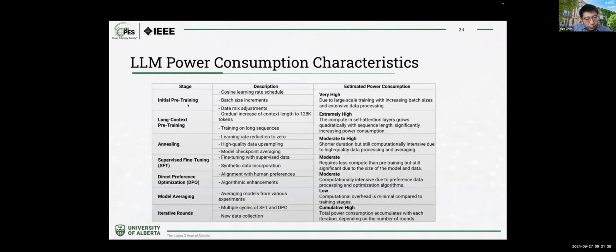Right. And here we give a quick table for the different stages of LLM training and model serving. Essentially, each stage has distinct characteristics. So far as we know, from both the power utility or power industry and the data center or AI side, we don't have a good characterization of each stage's power consumption characteristics versus power system operation.